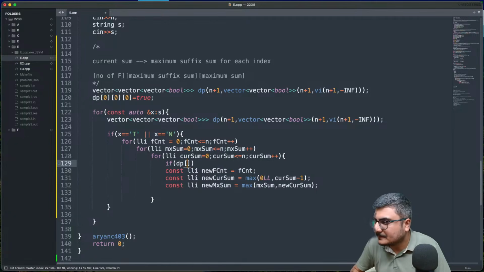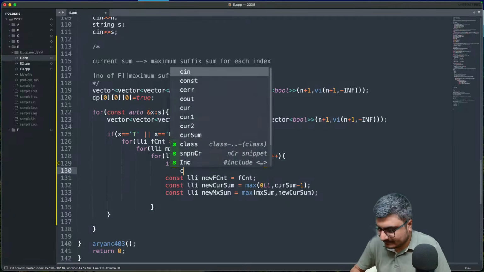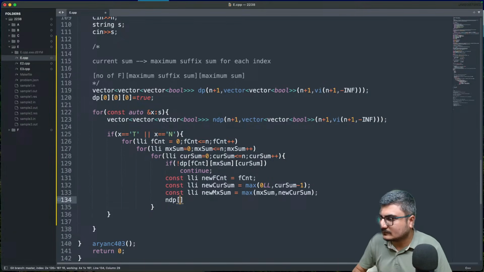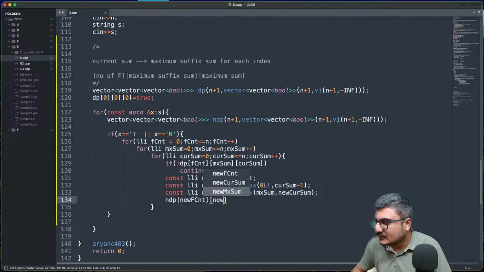If the current sum, this is actually a 3D DP. If this state is not possible, then we skip it. Otherwise, new f count, new maximum, we mark it as true.